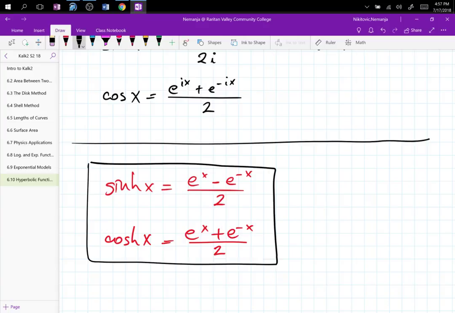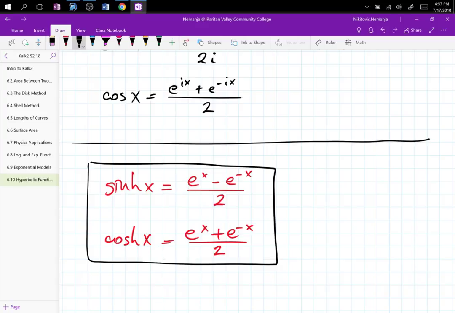See, the biggest thing that separates the world of trigonometry and the world of hyperbolic functions is that trigonometric functions are periodic. You have a period of 2 pi for sine or pi for tangent, and then the function will repeat itself the same way after that period expires and the new period begins.